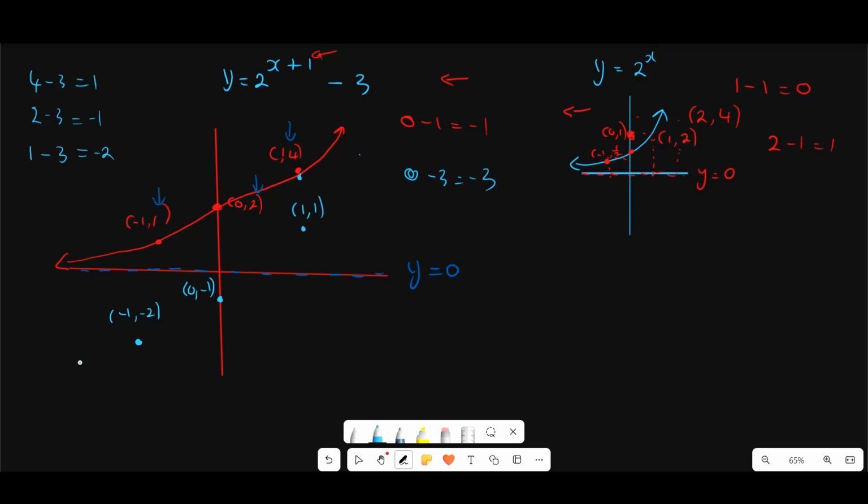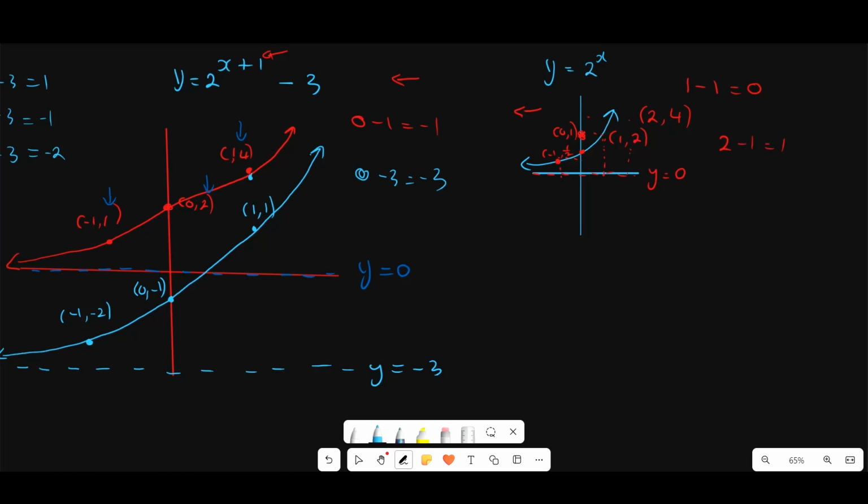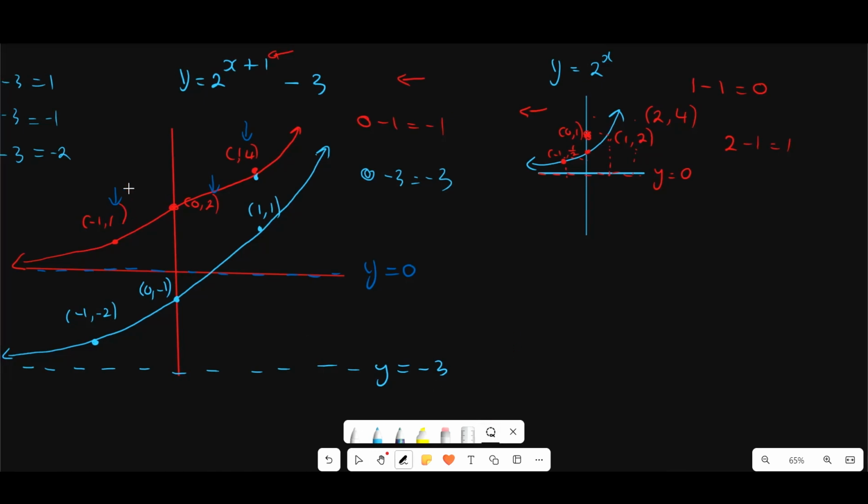this asymptote will also move to negative 3, and hence I have my complete function that will look something like that, where y is equal to negative 3. Okay, so if I can sketch that graph, or rather let me just remove this red one here.